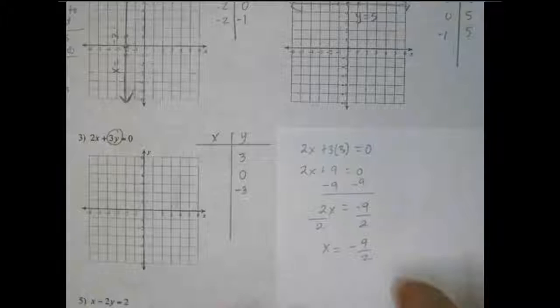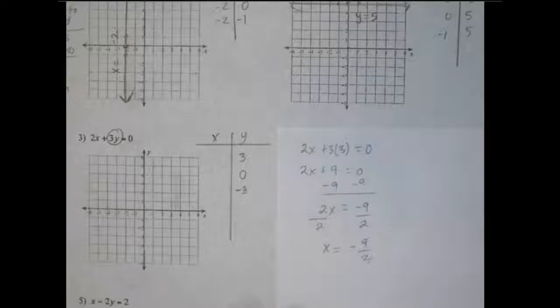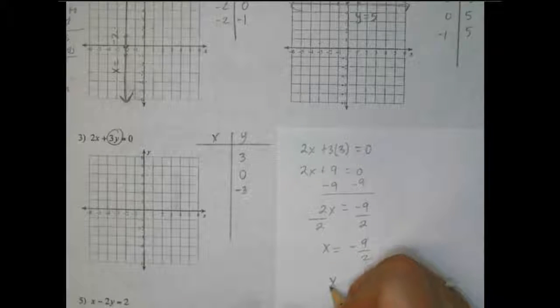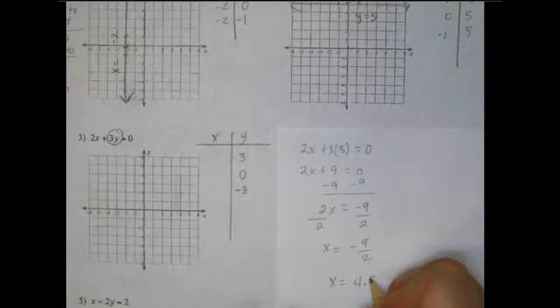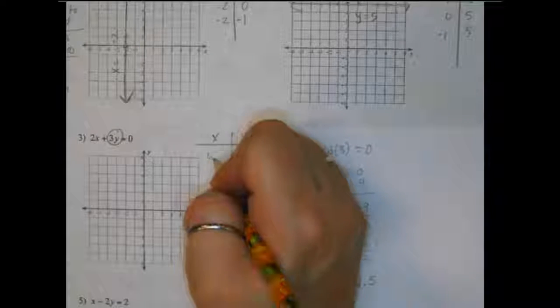If I was to make this into a mixed number, it would be easier to graph. 9 divided by 2, or 2 goes into 9 how many times? 4, and it gives you a remainder of 1. So x is equal to -4.5. Okay? So I can say that my x is -4.5.